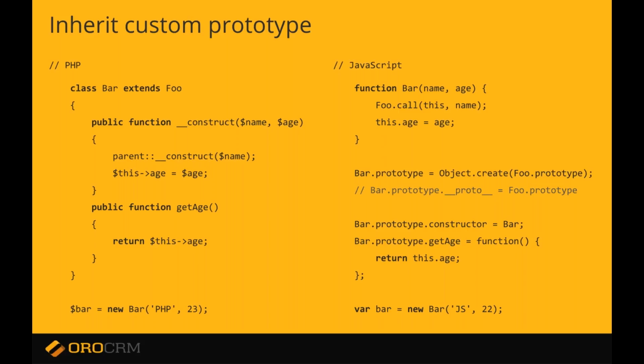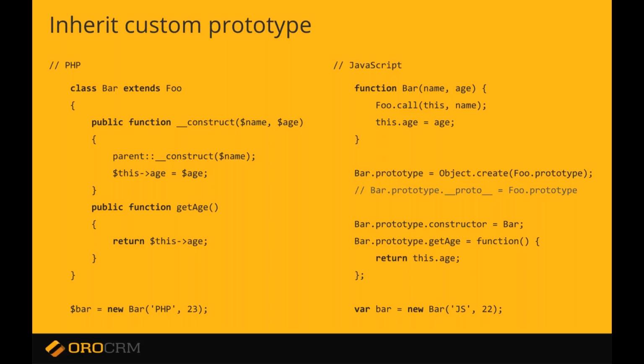So we pass only one argument here, and it will return an empty object with the defined magical property __proto__. So in other words, after we assign to bar prototype the created object foo prototype, we will get the line that you see in the comment. So bar prototype's magic __proto__ will reference foo prototype.